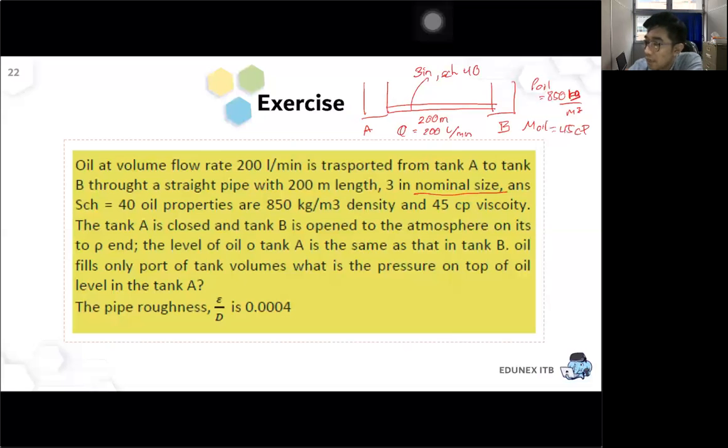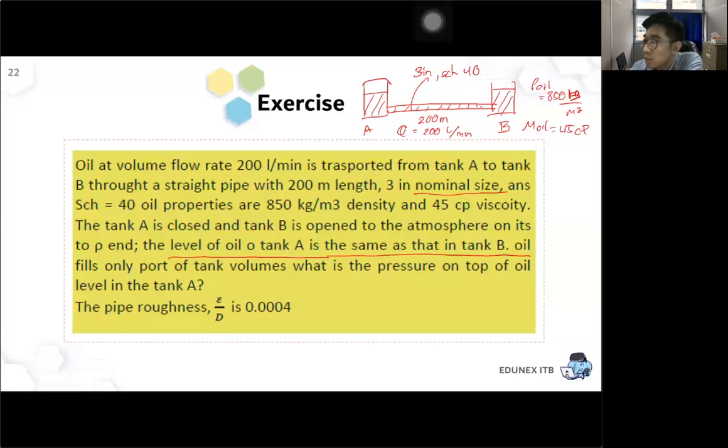Tank A is closed and tank B is open to the atmosphere, and the level of oil in tank A is the same as the oil in tank B. So suppose you have this level and you have this level, the level of the oil in both tanks are the same.